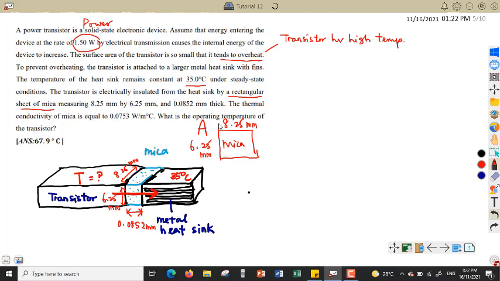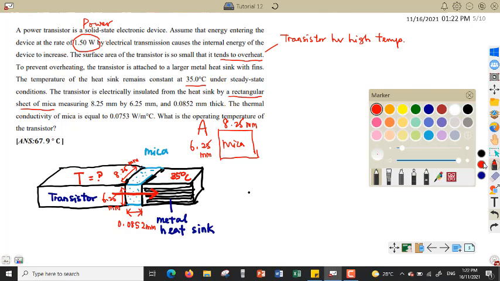So we want to find the operating temperature of the transistor. We understand the transistor is overheating, it has a high temperature, and the metal heat sink has a lower temperature, maintained at 35 degrees Celsius. So it means that there will be heat conduction.